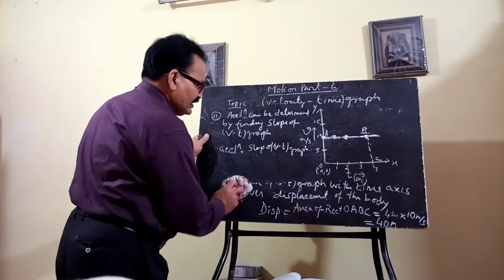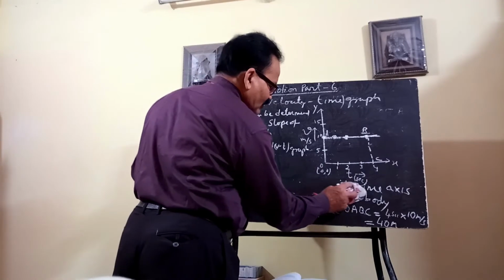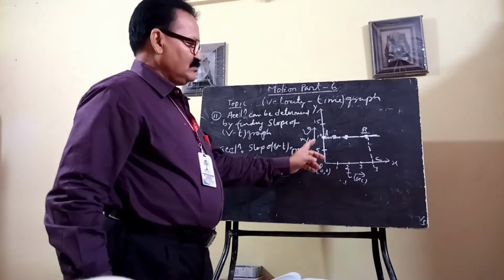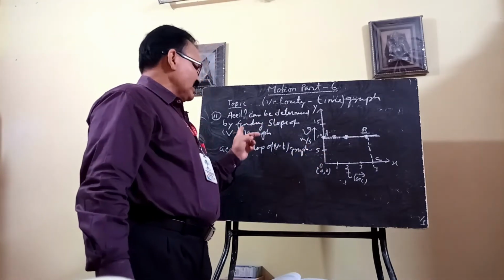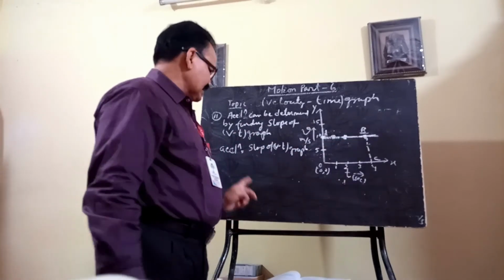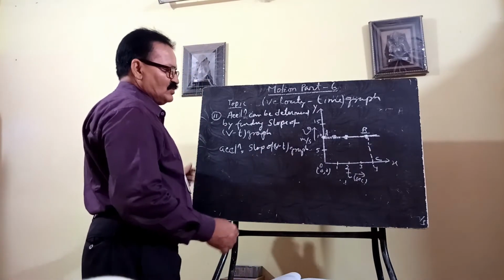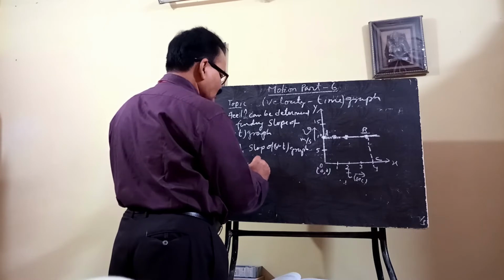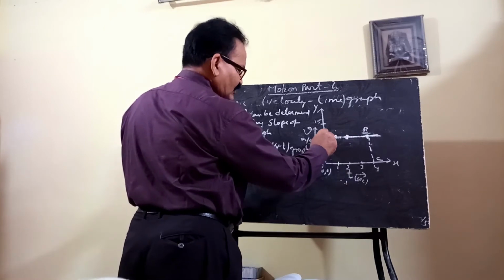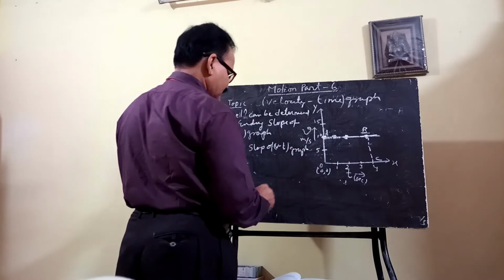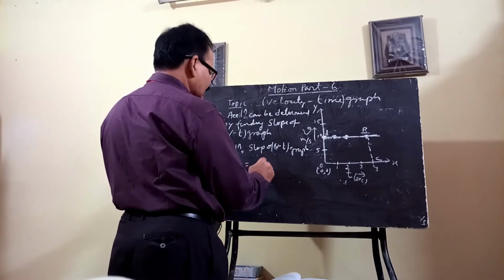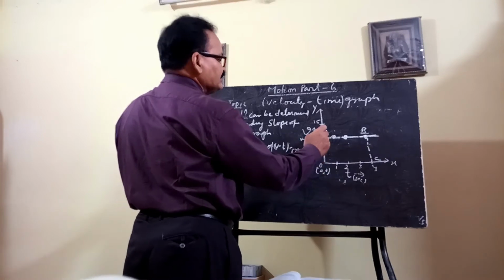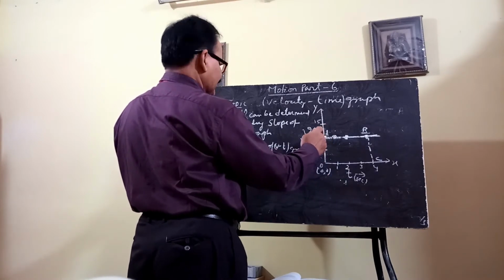When the body is moving with uniform velocity, the velocity time graph is a straight line. Now you have to find the slope. Say you have taken 2 points, point A and point B. The coordinate of A is 0, 10.